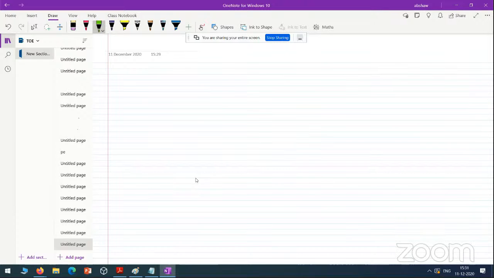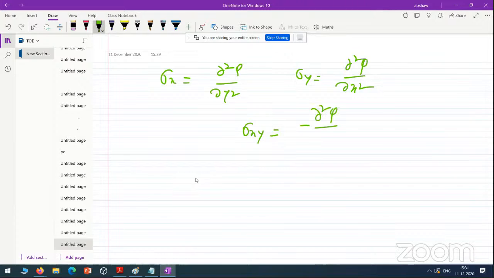Airy's stress function combines the compatibility equation and the equilibrium equation, so that eventually you need to solve for only one unknown, not many. As already discussed in the class, you write sigma x as del 2 phi by del y2, sigma y as del 2 phi by del x2, and sigma xy as minus del 2 phi by del x del y.